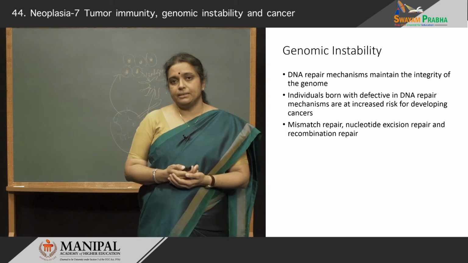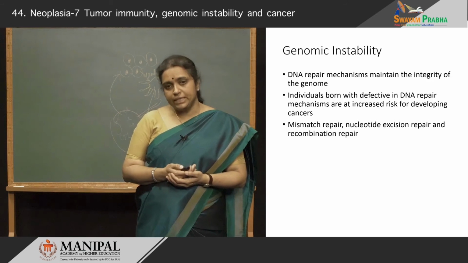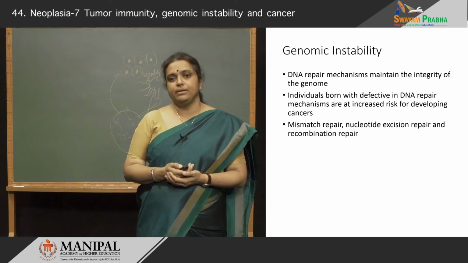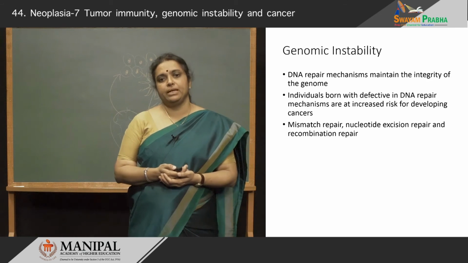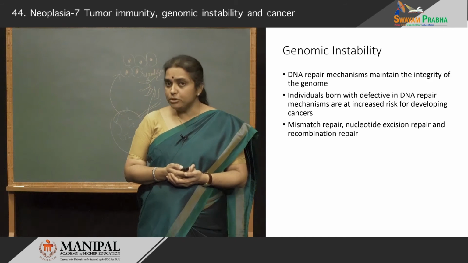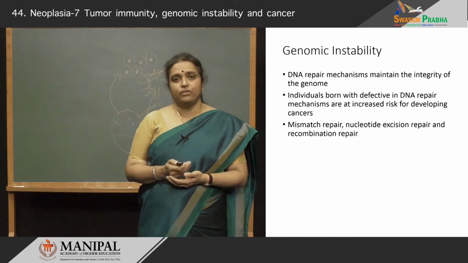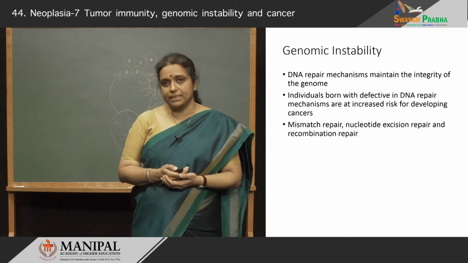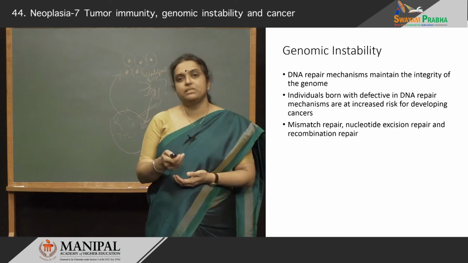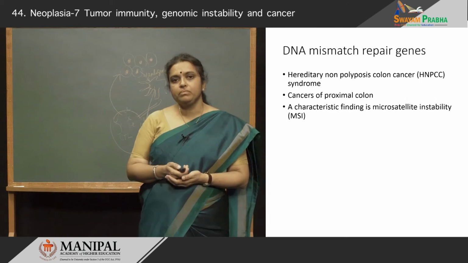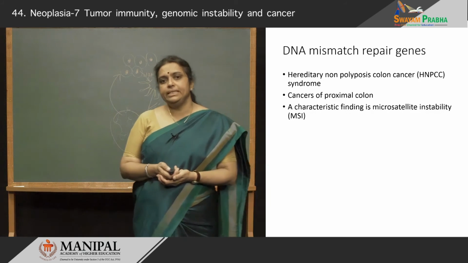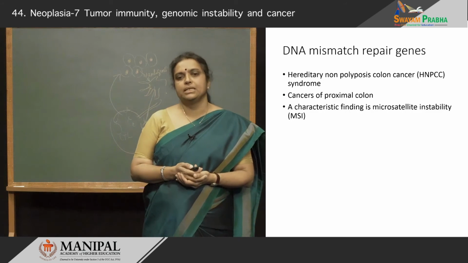These repairs can be of 3 types: mismatch repair, nucleotide excision repair, and recombination repair. There could be defects in any of these 3 mechanisms, and I will give you examples for each of them. The first is the DNA mismatch repair genes.